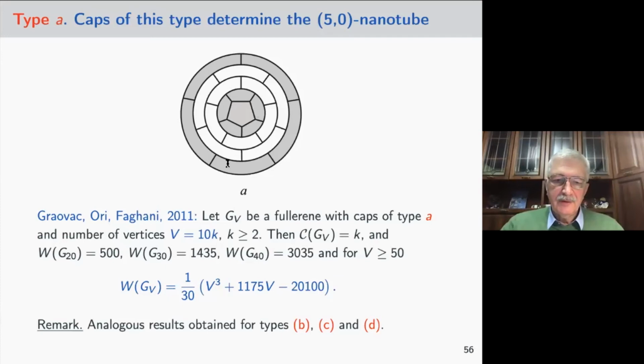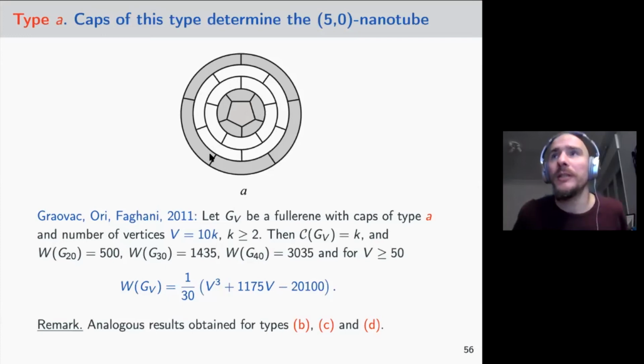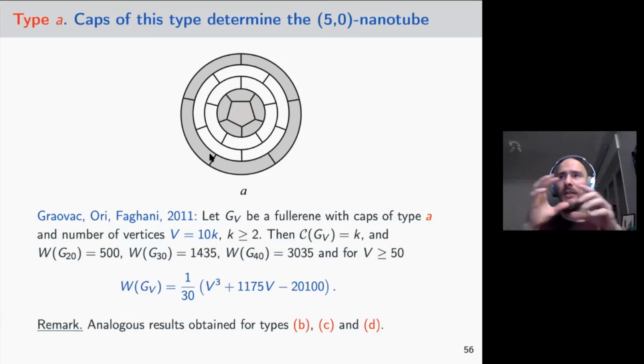So here you have 5, and the exterior is another one. Blue is just the caps, and white is just a part of the nanotube. So you look into infinity, something like that. Is it true that the tube has a circumference of 5 hexagons?